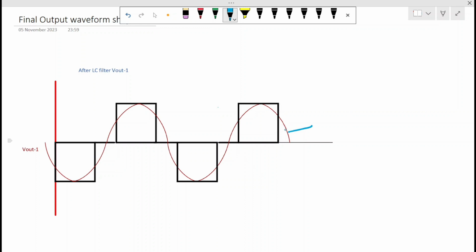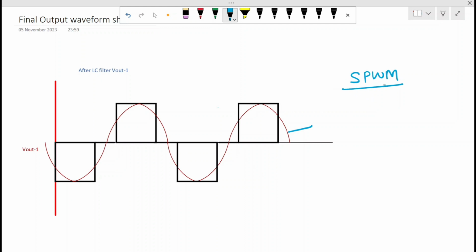But this filter becomes a very huge size. So I will show you one different combination of PWM. Here we are generating the square wave and converting it into a sine wave simply. But actually, for SPWM, we have to generate an SPWM signal.